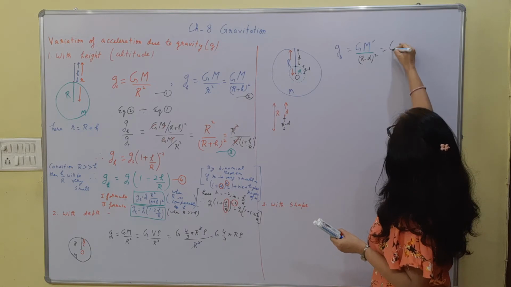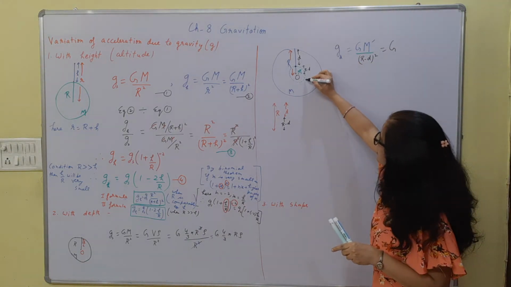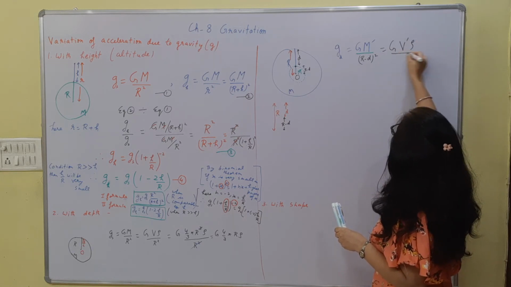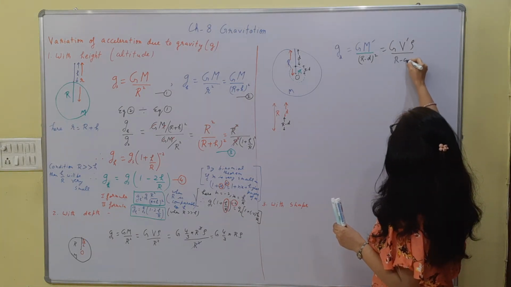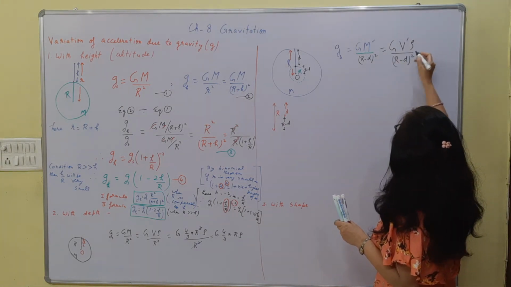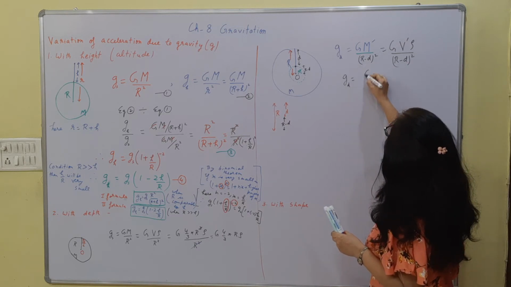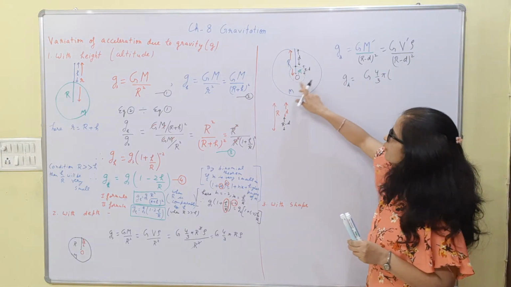So this can be written as volume of this part, so this will be volume dash, into density. Density is considered uniform for the earth material, and this is R minus d whole square. Now this can be written as 4 by 3 pi, because we have to find the volume of this part.